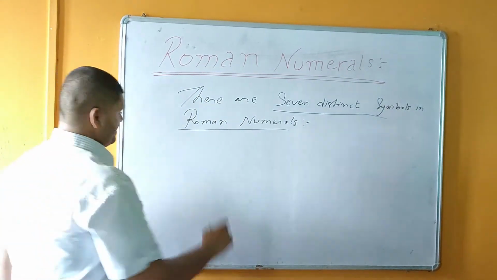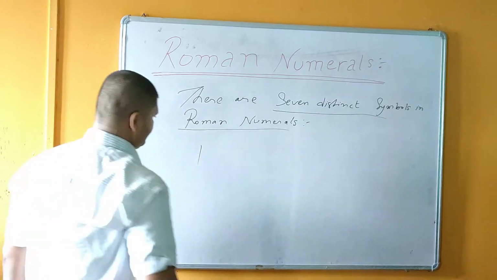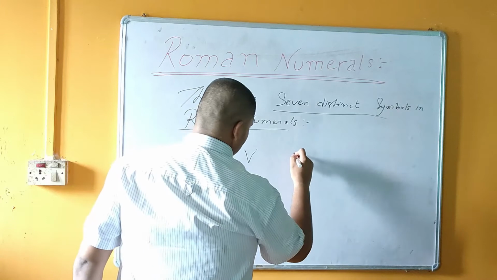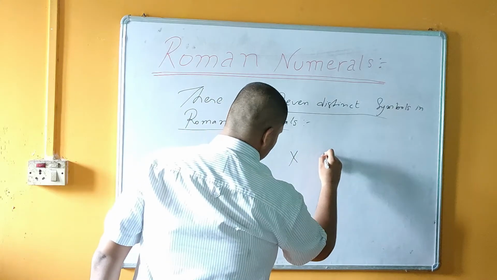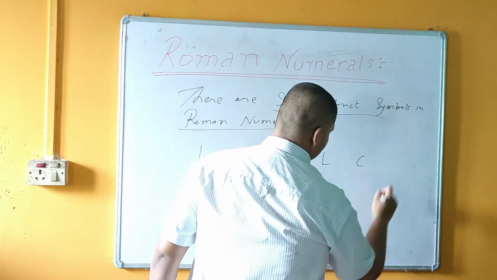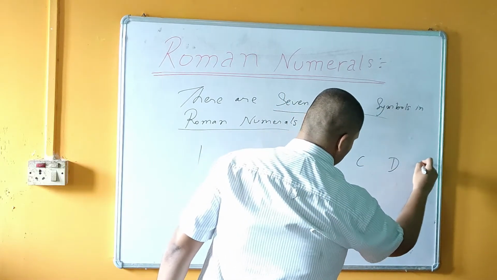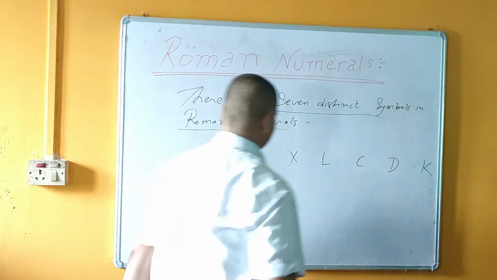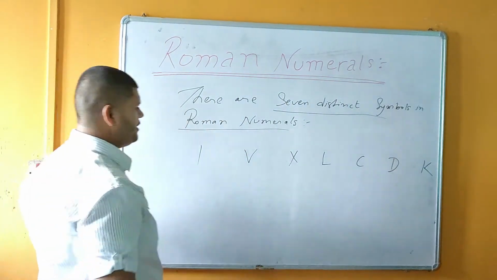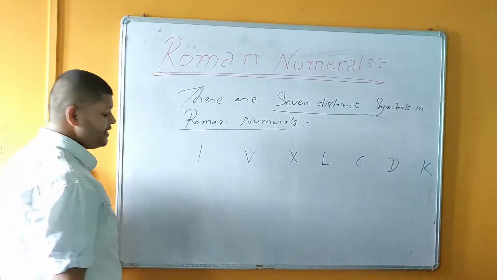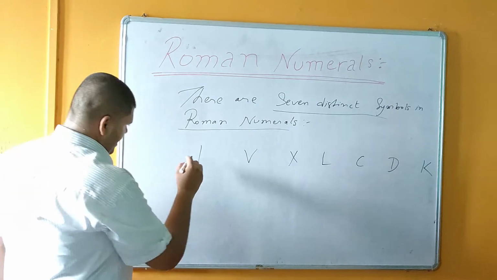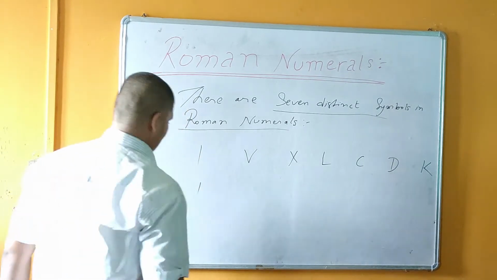What are they? They are I, V, X, L, C, D and M. These are the 7 distinct symbols existing in Roman numerals, and their corresponding Hindu-Arabic numerals you also need to remember. This I is 1.